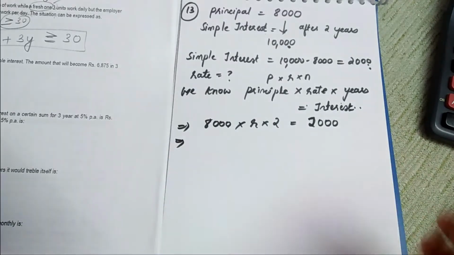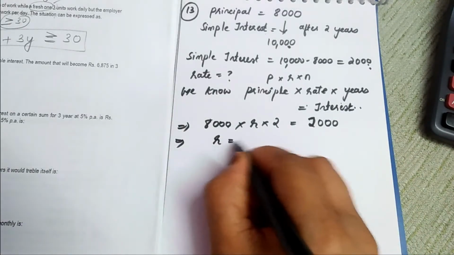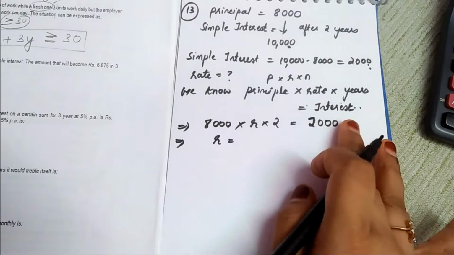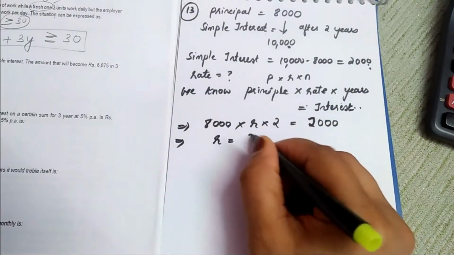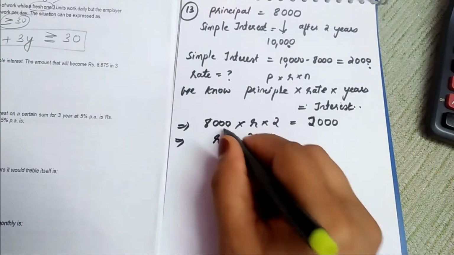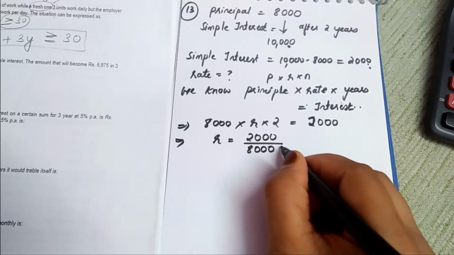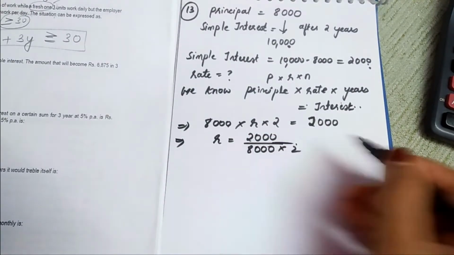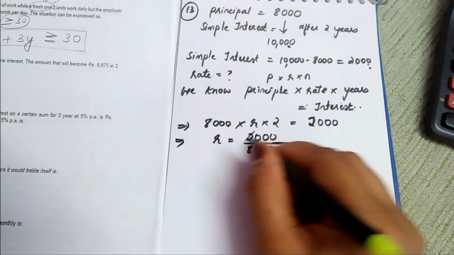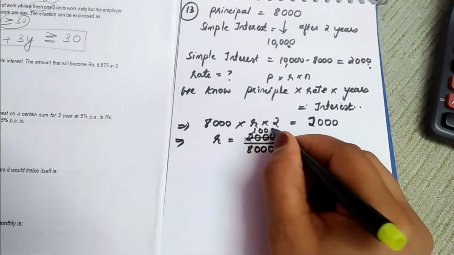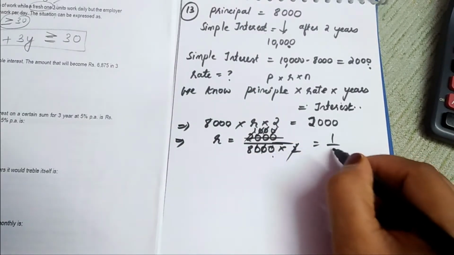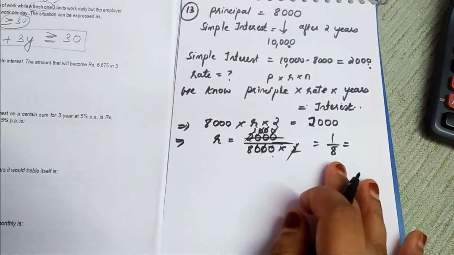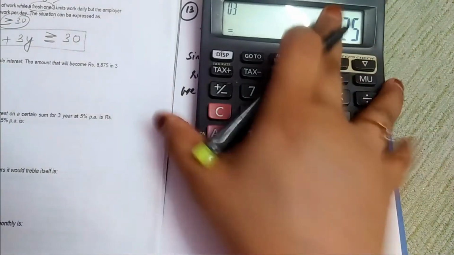Simple now. So R is equal to, putting all the things on the other side, since it's multiplication it goes into the division, 2,000 divided by 8,000 into 2. This 2 and this 2 get cancelled, these zeros get cancelled. It is 1 by 8. 1 by 8 is nothing but 0.125.